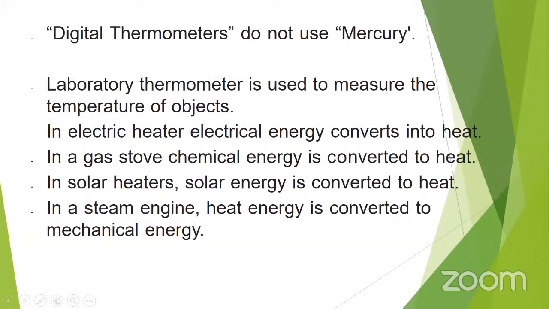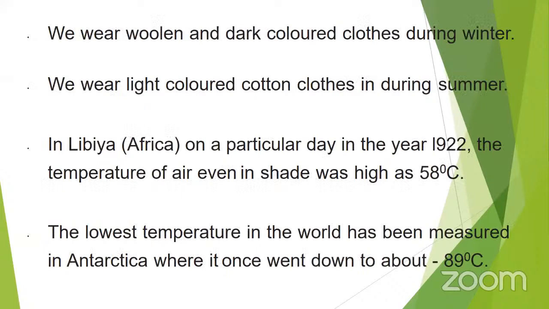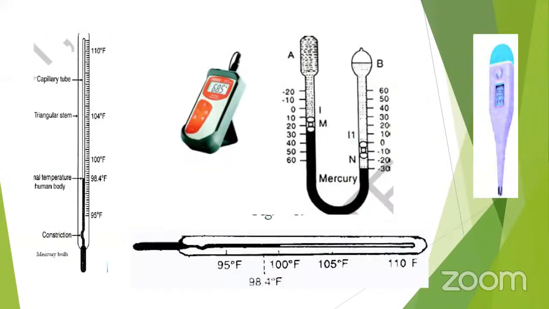So here, laboratory thermometers are used to measure hotness or coldness of the bodies of different materials when we are conducting experiments. Here we can see all the diagrams. The long one here, 110 Fahrenheit to 95 Fahrenheit, is a clinical thermometer.